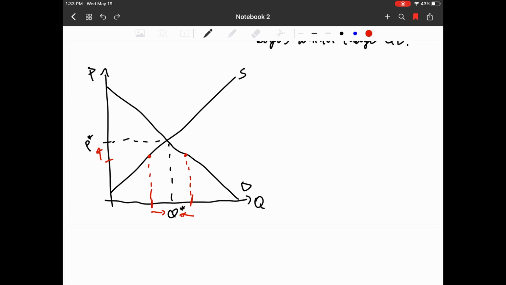So we get this dynamic process that pushes us towards equilibrium when we are outside of equilibrium. And a similar thing happens when price is above P star.